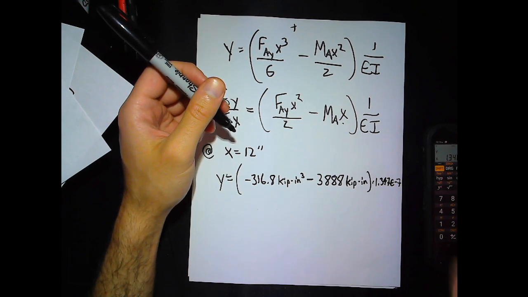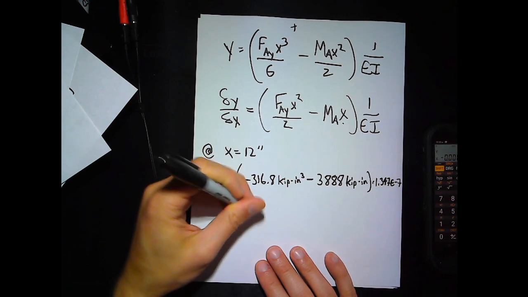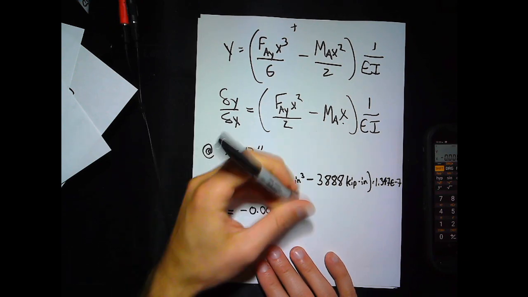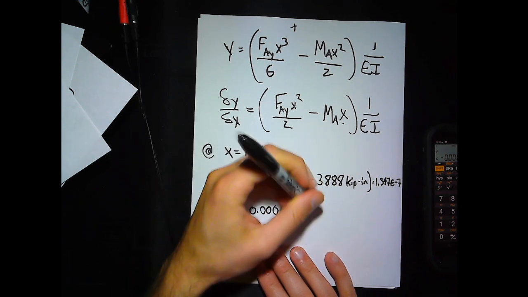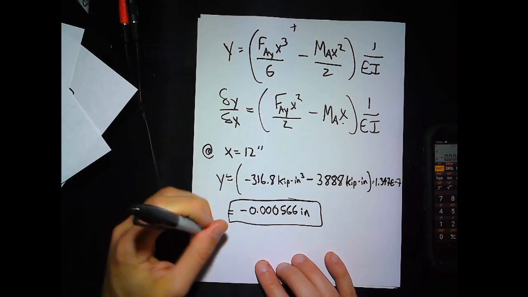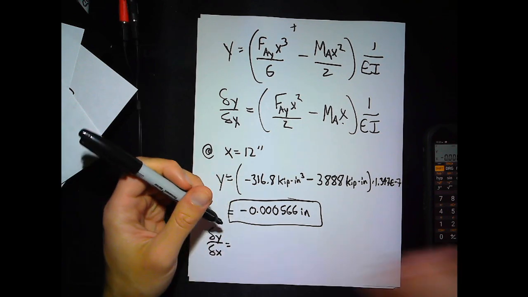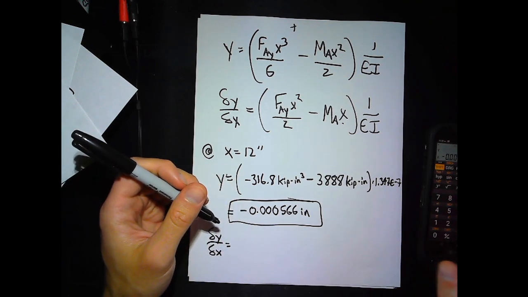Okay, so 316.8, 3888, minus, times, equals negative 0.000566 inches. That's the deflection at that point.